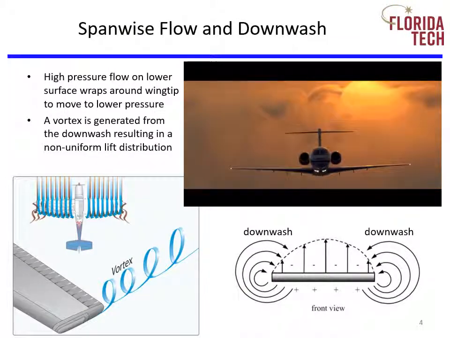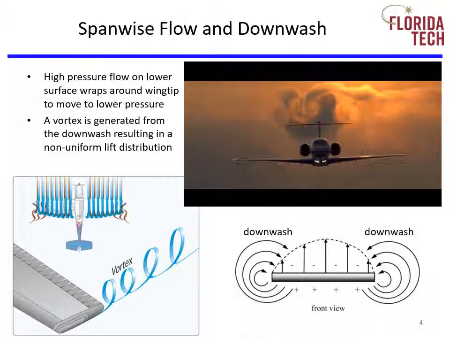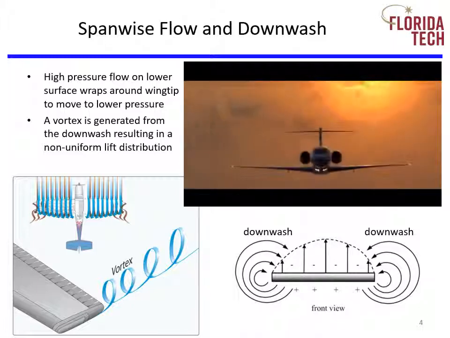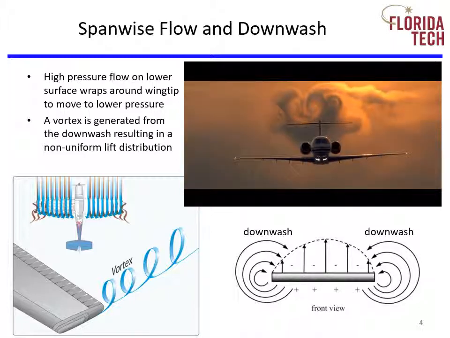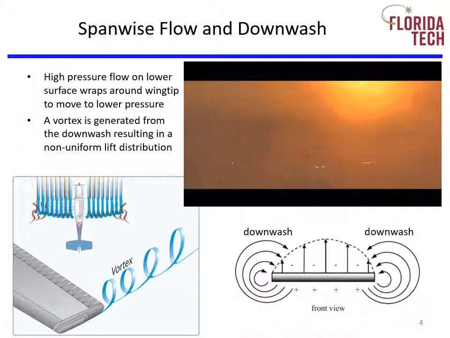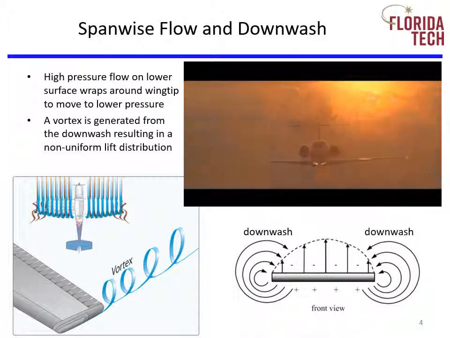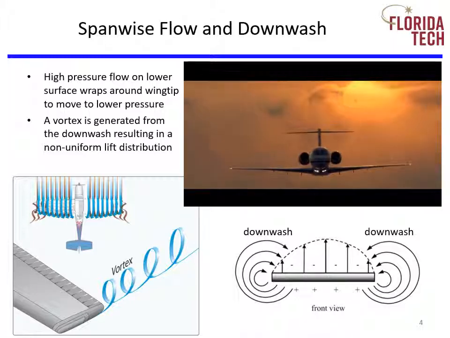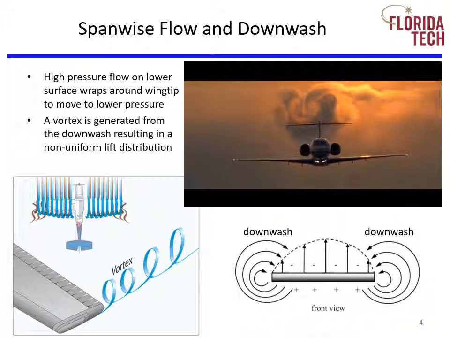We'll now compare the lift distributions of a 2D airfoil and a 3D wing. In both cases, there is a relatively low pressure on the upper surface and a higher pressure on the lower surface. In the case of the 2D airfoil, the wall, or infinitely long span, prevents any flow around the wingtips, so the lift distribution is completely uniform across the span.